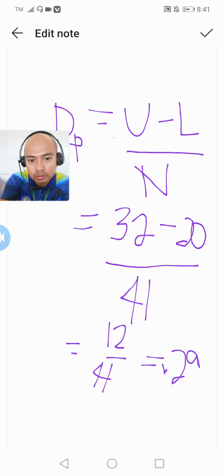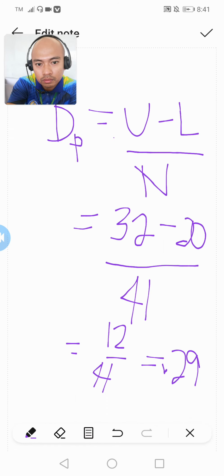So 0.29. So what does it mean? The discriminating power is 0.29. We will go back to our norm for interpretation. We will locate the location of 0.29 among the intervals. This will be our basis to interpret now whether we will reject that particular item or retain it.